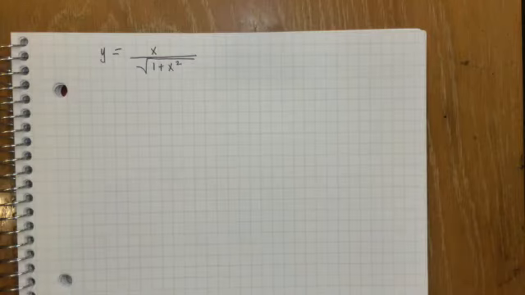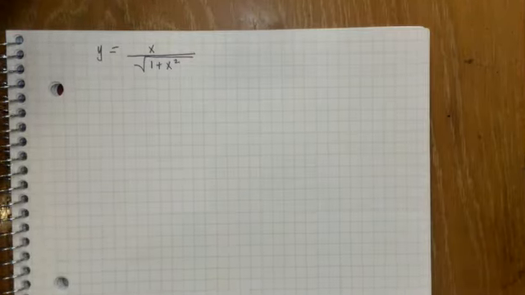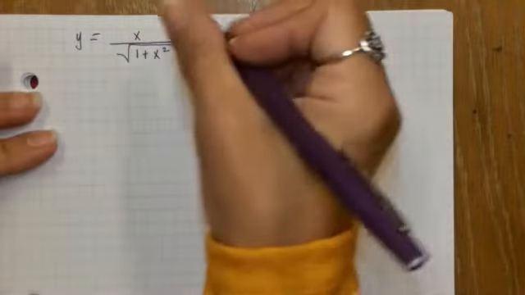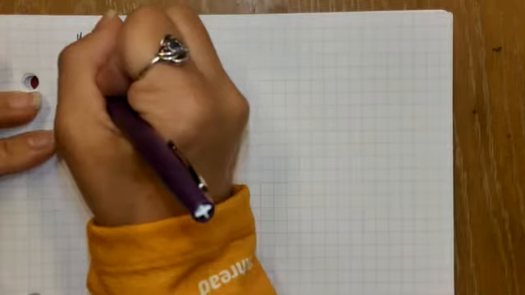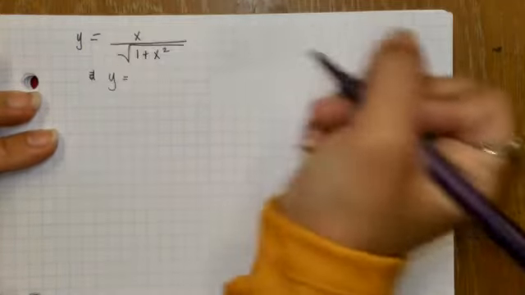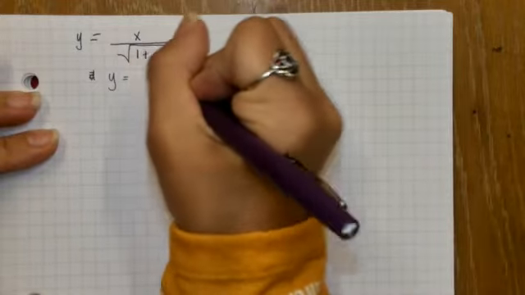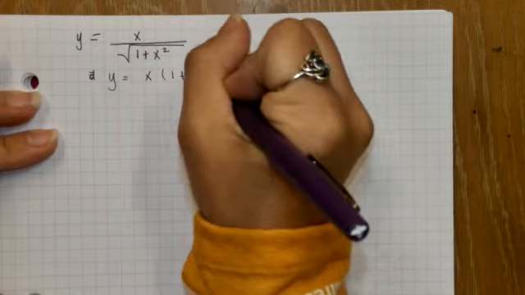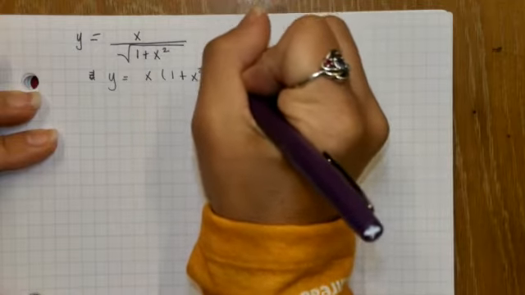So I'm going to rewrite this using the product rule and then go from there. This is the same thing as y equals x times 1 plus x squared to the negative 1/2.